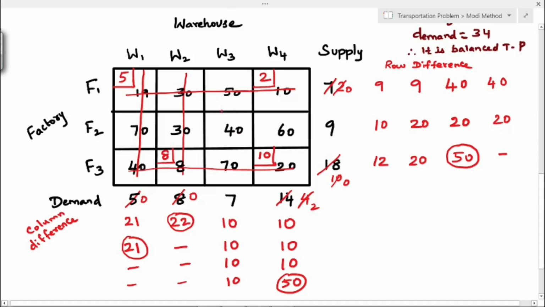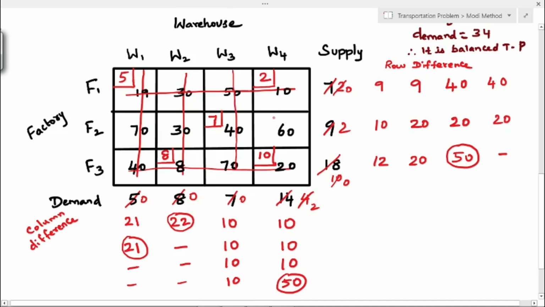So our next allocation is at this place. So the corresponding demand is 7, the corresponding supply is 9. So the least one is 7. So 7 minus 7, 0. 9 minus 7, 2. So this demand value is 0. So we have to cancel the corresponding column.